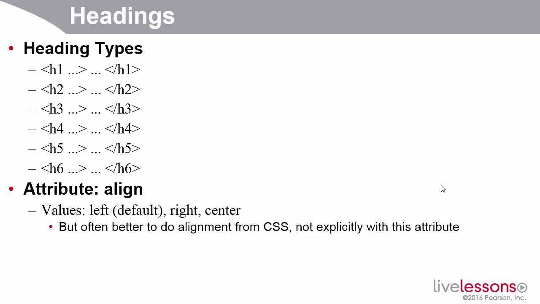And you can also go into your CSS file and say all H2s should automatically be centered instead of left aligned, and so forth. So you can use the align attribute. It's still sometimes done. You shouldn't feel like it's a sin to do it, but in general, it's more flexible and reusable if you define your formatting, including your alignment, in a CSS file, which we'll cover shortly, rather than explicitly in the HTML.